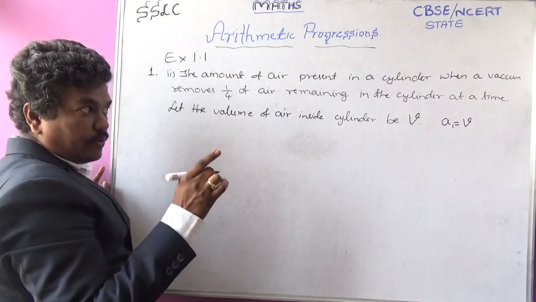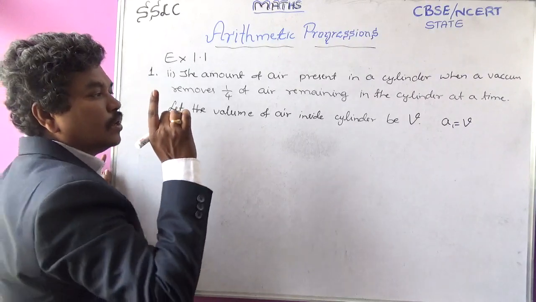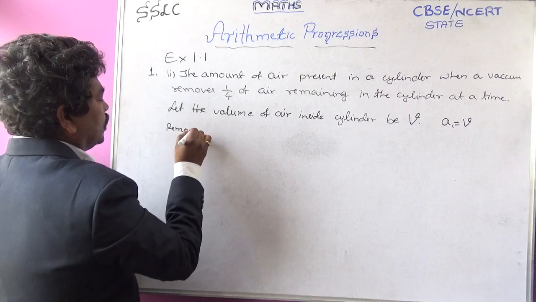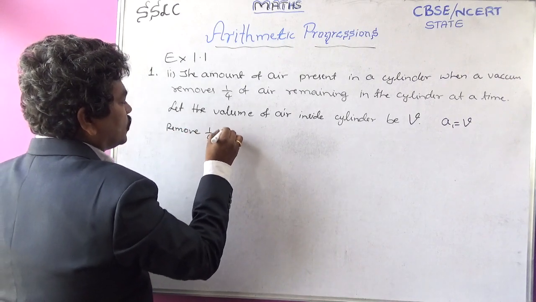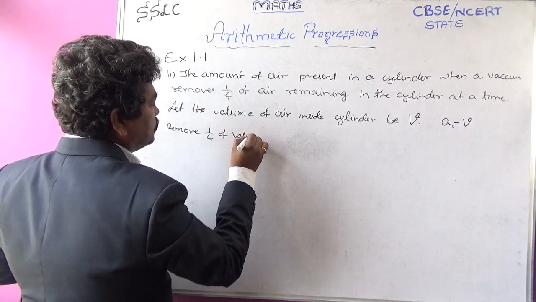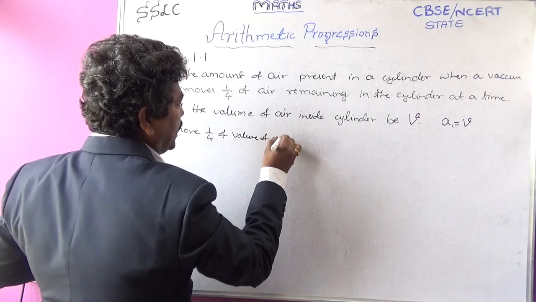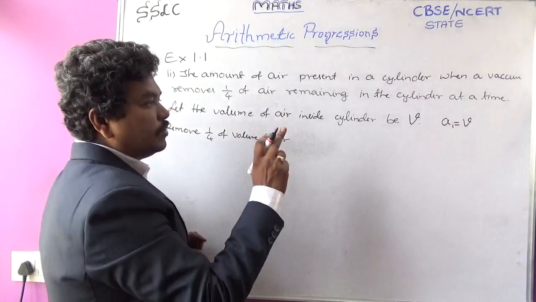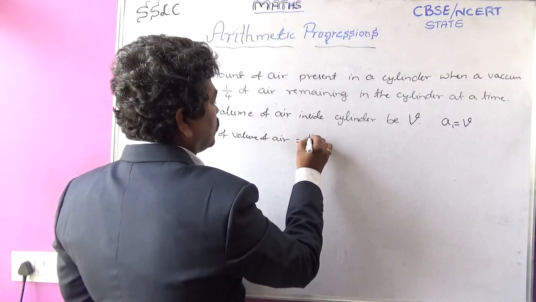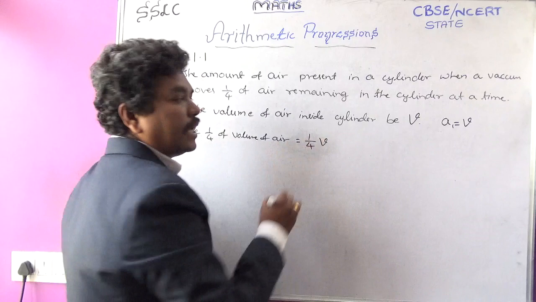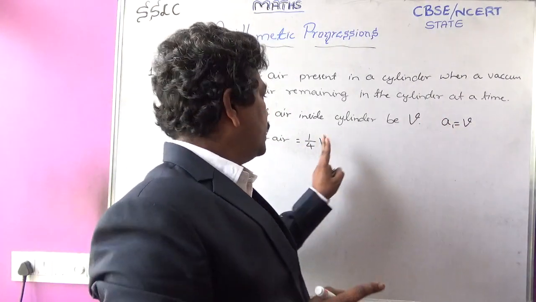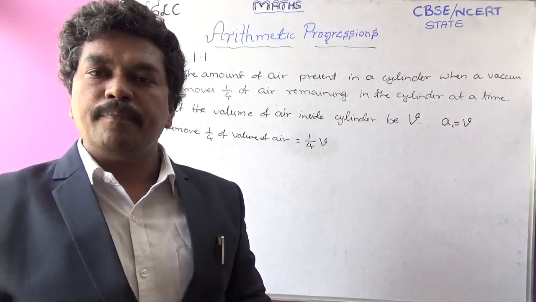So for the first term we have to remove 1/4 of the volume of air. How much do we have to remove? 1/4 of V can be removed. The volume is V. Then we have to remove 1/4 of the volume.